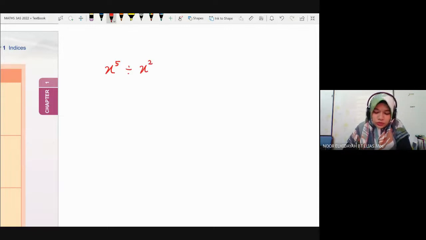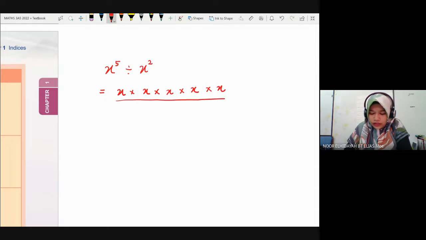What will you do? You will use the repeated multiplication. Means that x times x times x times x times x, divide over x times x. Okay. Alright. So what you will do? You will simplify. You will potong-potong. Okay.